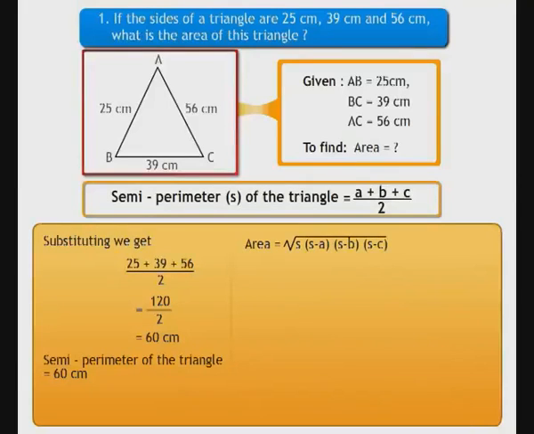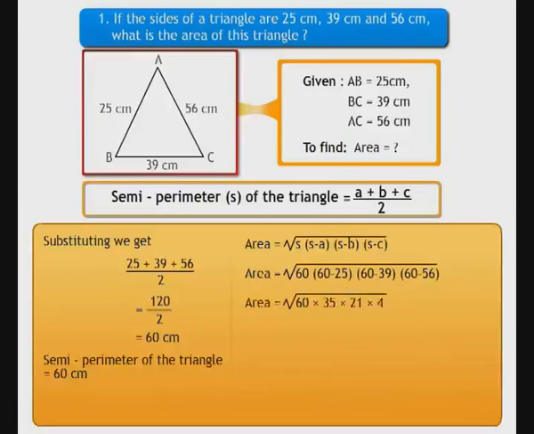Factorizing the numbers, 66 can be factorized as 2 into 3 into 11. 55 can be factorized as 5 into 11. 5 could not be factorized further, so it remains the same. And 6 can be factorized as 2 into 3.